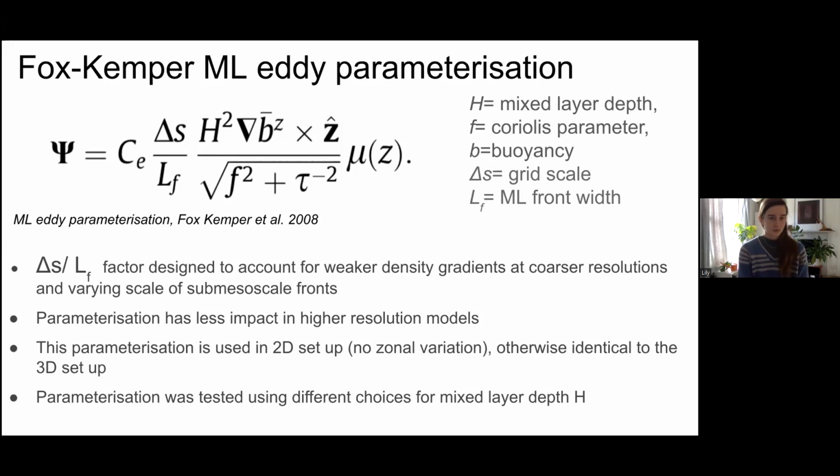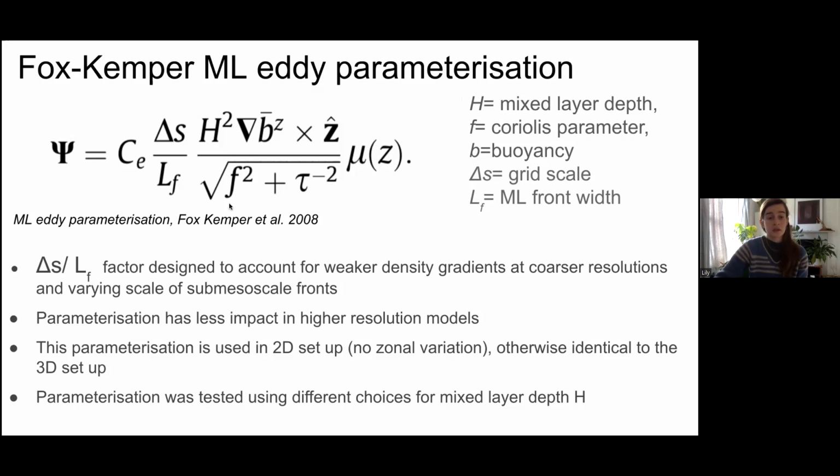So this parameterization comes in the form of an overturning stream function, which I'm going to point out a few factors here which are maybe most important or noticeable. So the H is the mixed layer depth. So I've already talked about perhaps the dependence of overturning on mixed layer depth. And also the grad B here is the mixed layer averaged lateral buoyancy gradient.